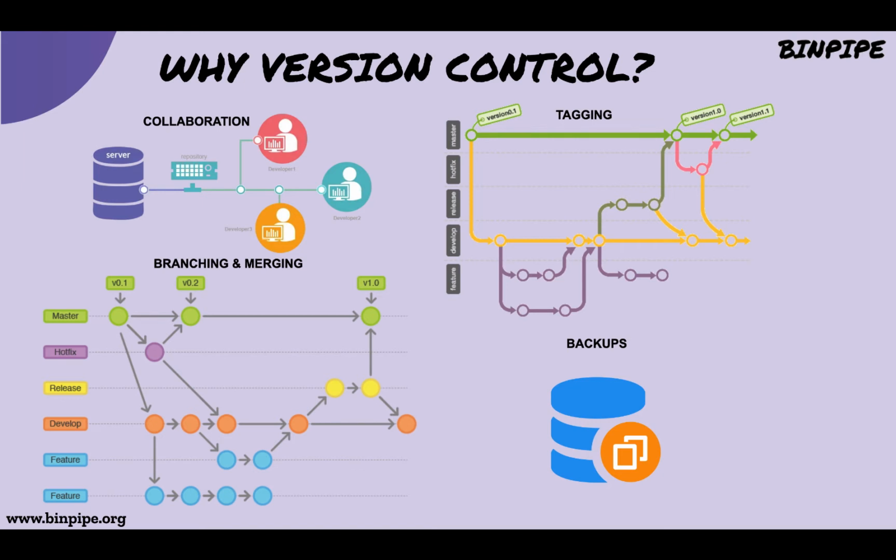If there are certain conflicts between the code of these multiple developers, there is an option to resolve conflicts as well. So once everything is in line, then that code is pushed into a repository, and from there it's deployed to the live servers. So version control helps to collaborate.